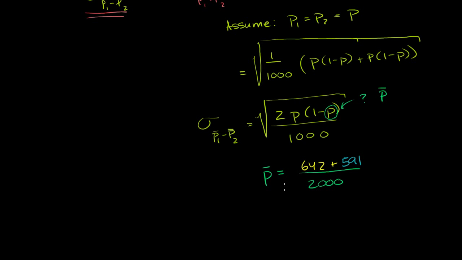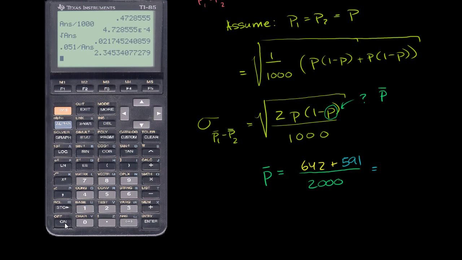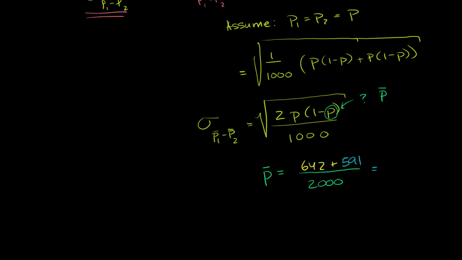If you viewed it as just one huge sample of 2,000 people, get the calculator out, 642 plus 591 is equal to 1233, divided by 2,000 gives us 0.6165.